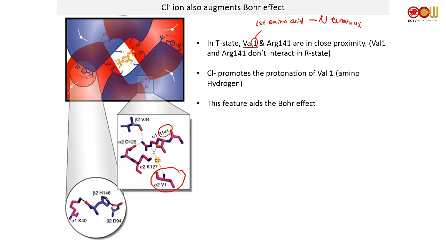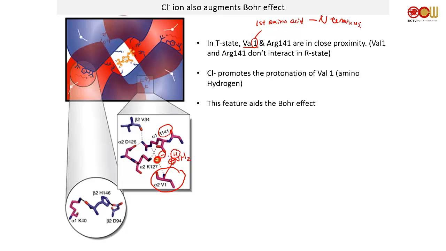And what happens is that the chloride ion, Cl- here, will actually promote the protonation of your amino group on valine 1. So here, this is NH2, right? Having this minus charge here is going to promote the protonation on your N-terminus, and then here is going to be a positive charge.